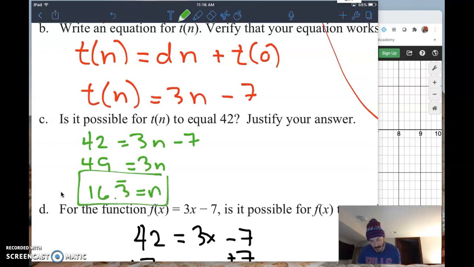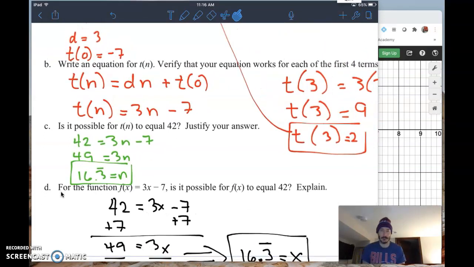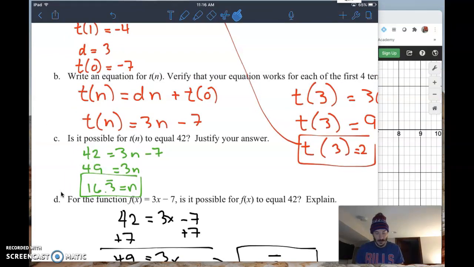As we discussed, that is a positive number. It's not negative. But is it a whole number? Remember, when we count 1, 2, 3, 4, 5, it needs to be a whole number. So the answer to this is, unfortunately, no, that's not possible. I can't have a 16 and a third term number. So that doesn't work.